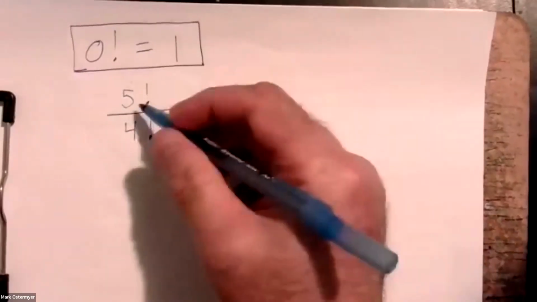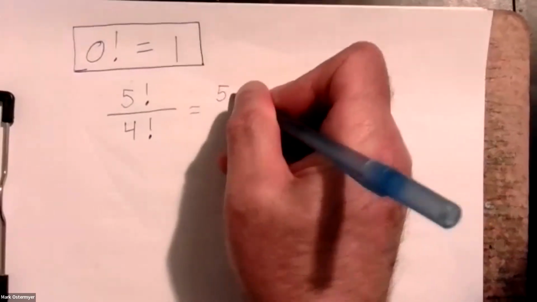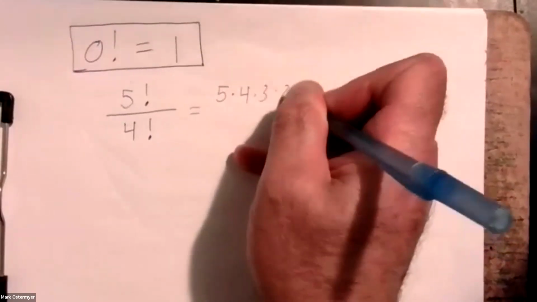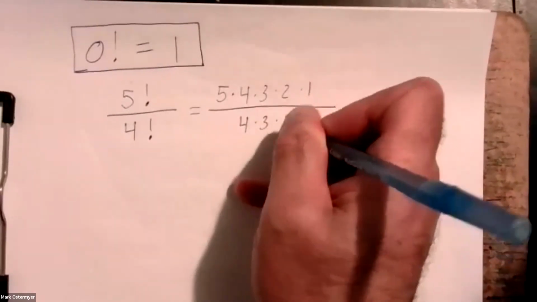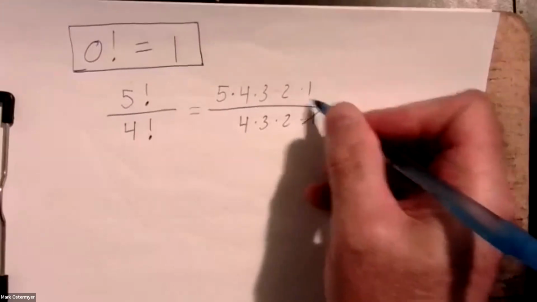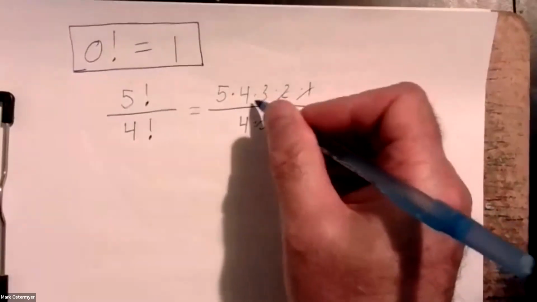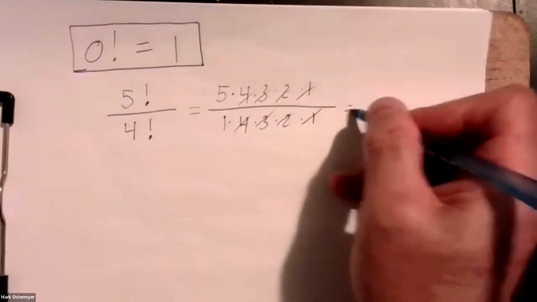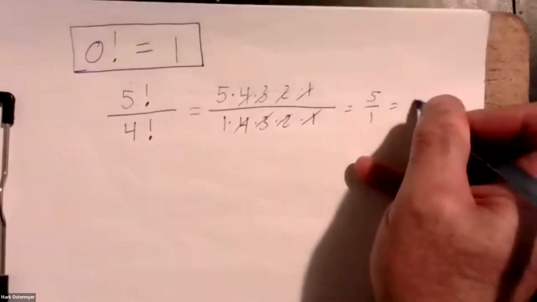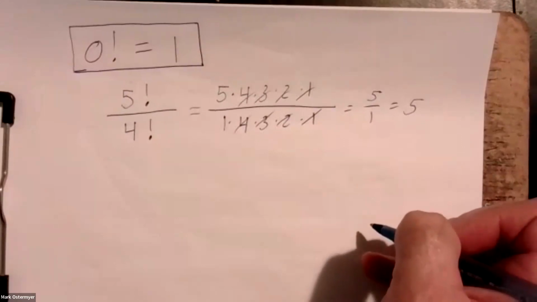Well, do you agree that 5 factorial is 5 times 4 times 3 times 2 times 1? 4 factorial is 4 times 3 times 2 times 1. Do you agree the 1's reduce, the 2's reduce, the 3's reduce, the 4's reduce? And we're left with 1 down here in the denominator. So we're left with 5 over 1, which is 5. Everybody see that there?